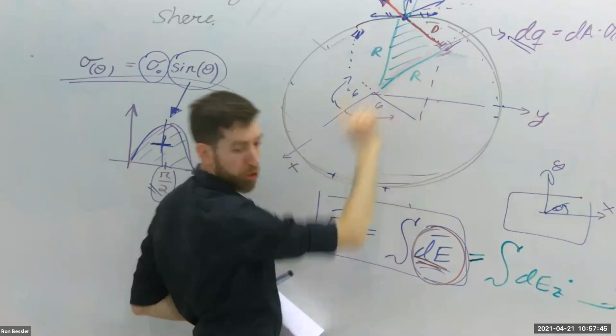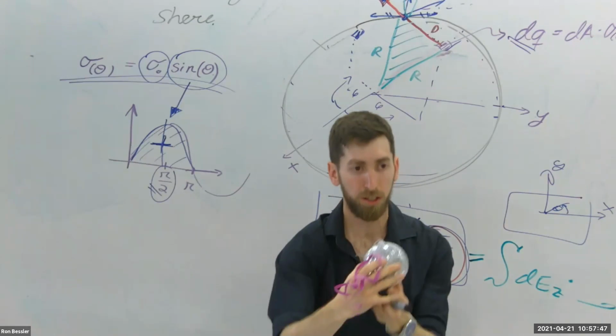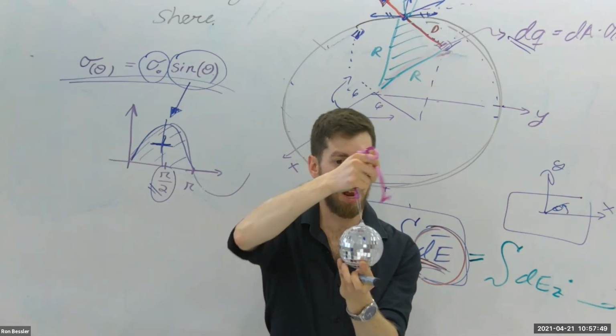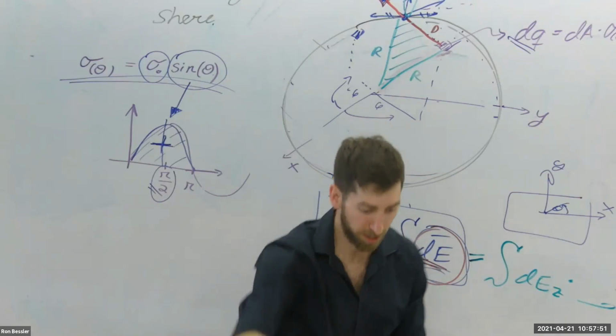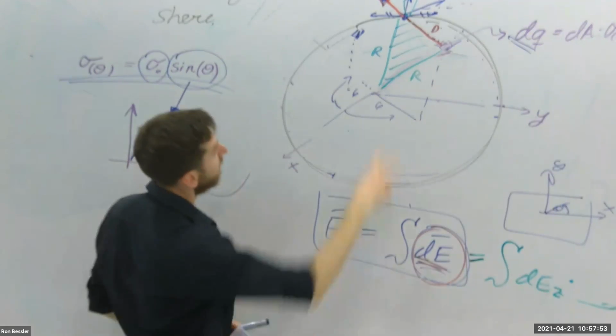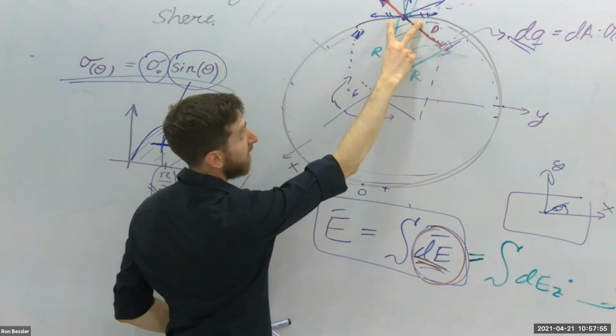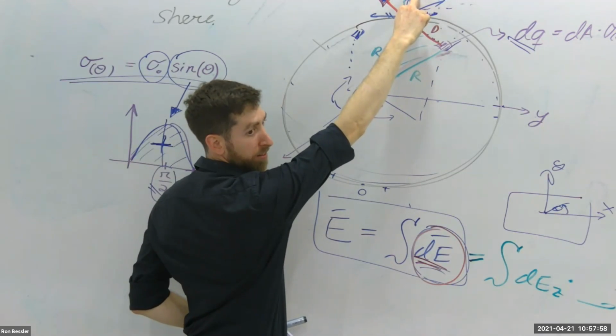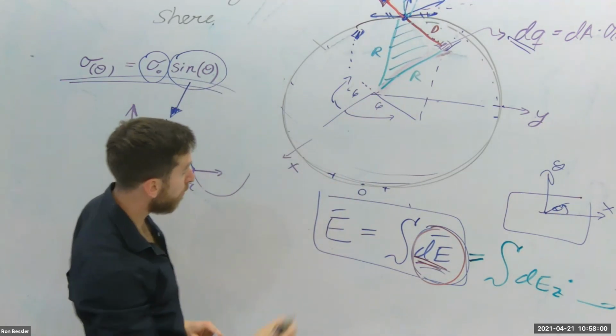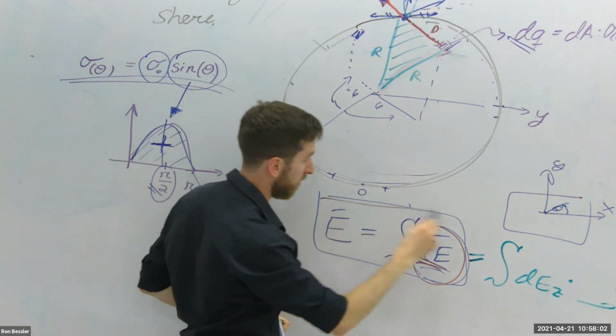But if you look at two charges, one over here and one on the other side, they're going to cancel out this thing, and they're going to sum up this thing. So right now, we don't want to solve this.